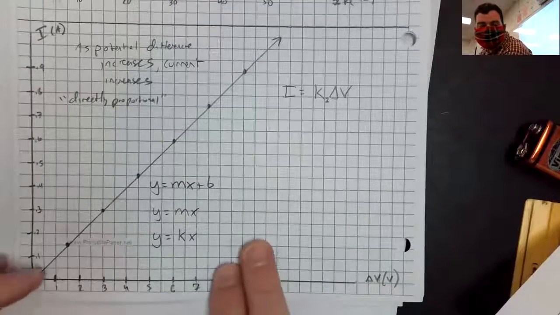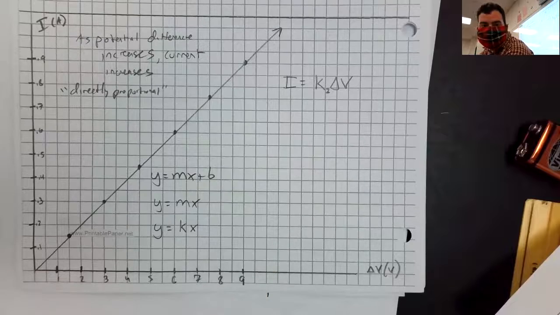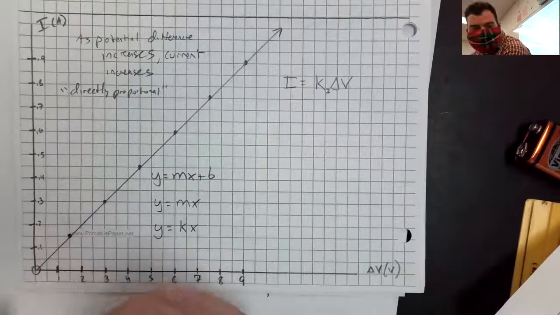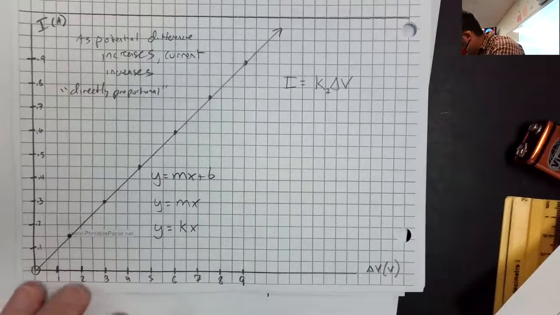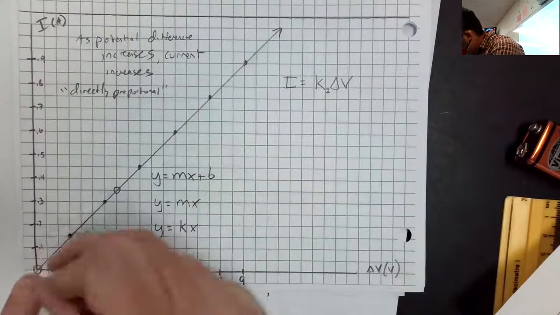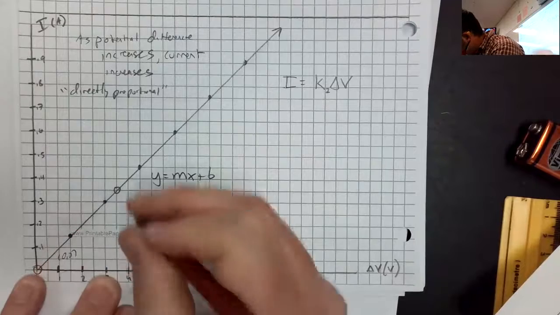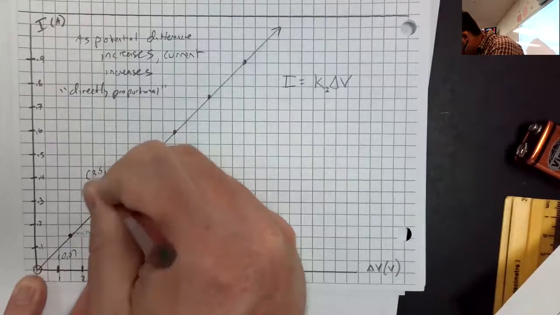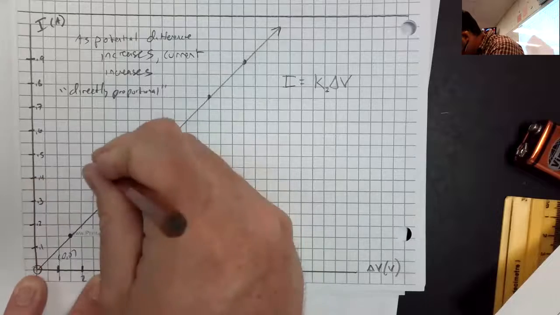So let's see. When you're getting the slope, you should pick 2 points. 0, 0 looks nice. It's hitting that directly. That one looks kind of nice. So 0, 0, and 3.5, comma, 0.35.